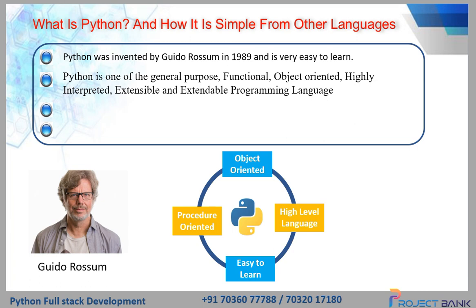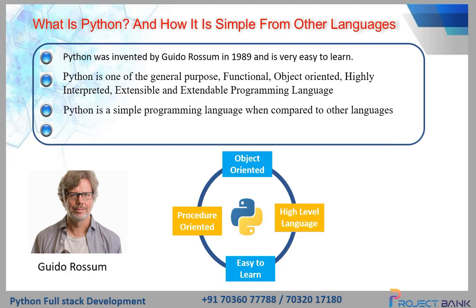Generally, structured programming languages are C, Fortran, Pascal, and others, whereas object-oriented programming languages are Python, Java, Scala, and all.